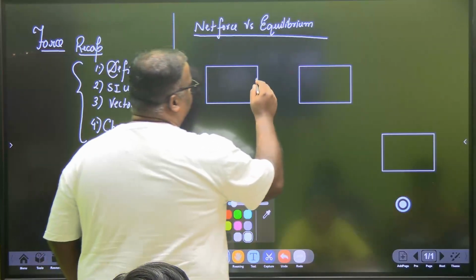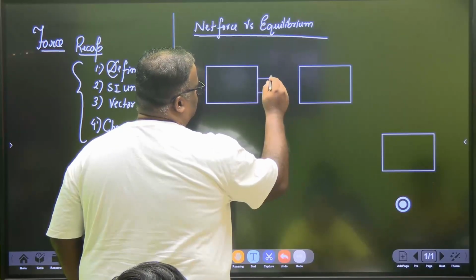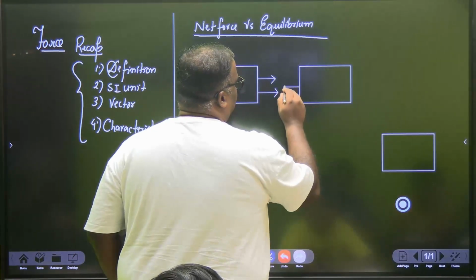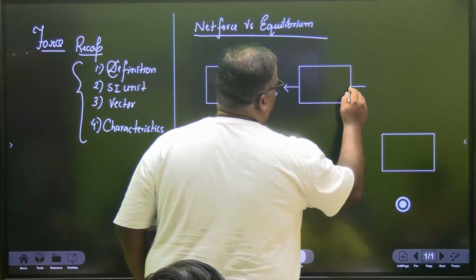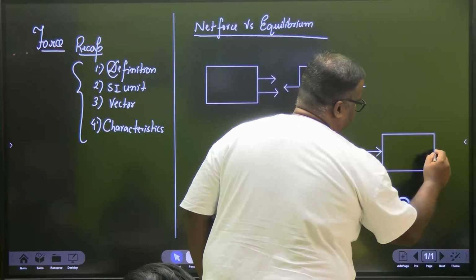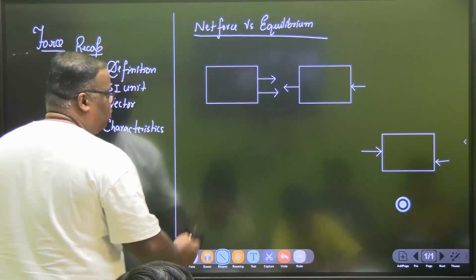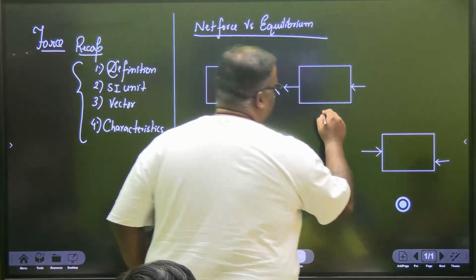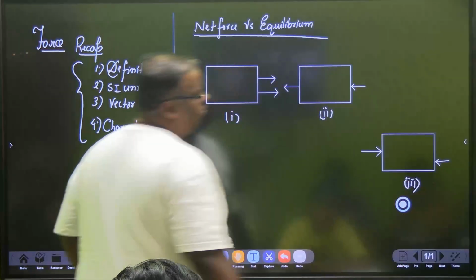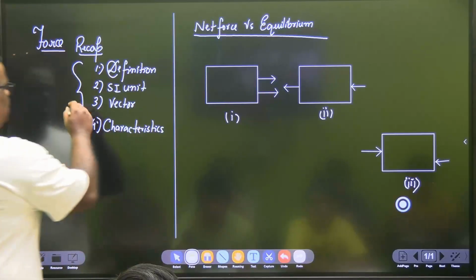Let's say more than one force. All scenarios can be there. Now there will be more scenarios. We'll debate each and everything. A little bit of grade 11, and then we will take you back to grade 8.